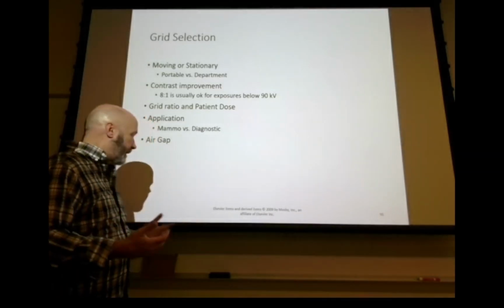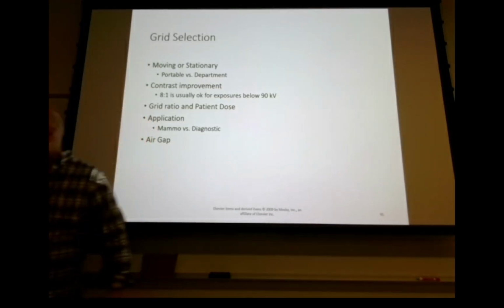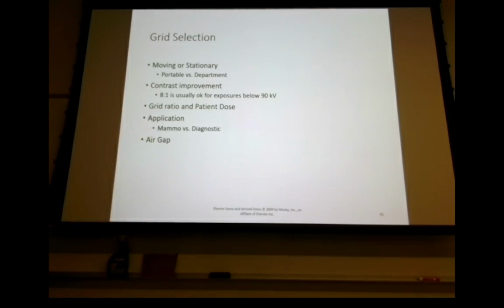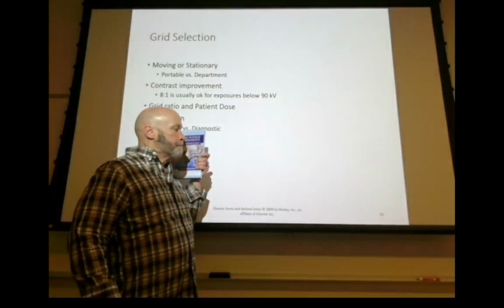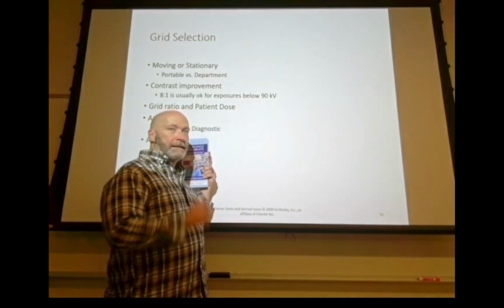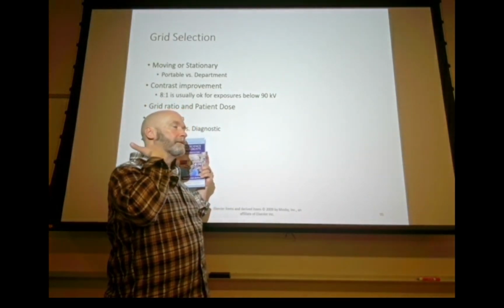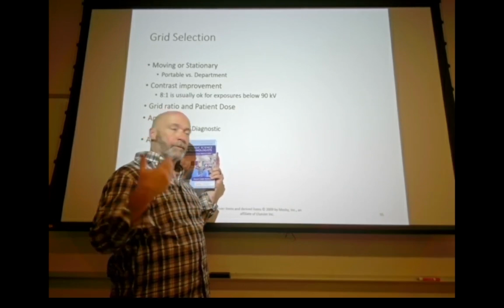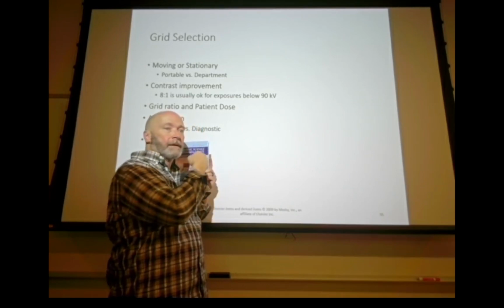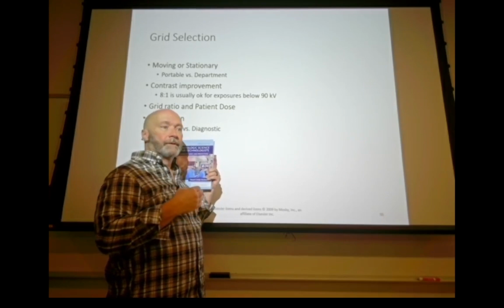So with the air gap technique, what you've got is an increase in OID. Let's say we're shooting a lateral C-spine, we have an increase in OID, so the penetrated X-ray photons are still going to hit the image receptor, right? The ones that don't interact with anything, they're still going to hit the image receptor.